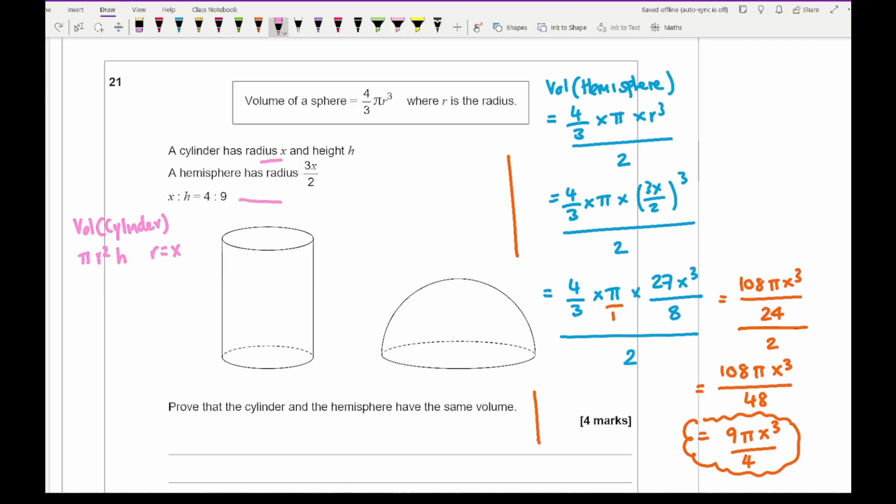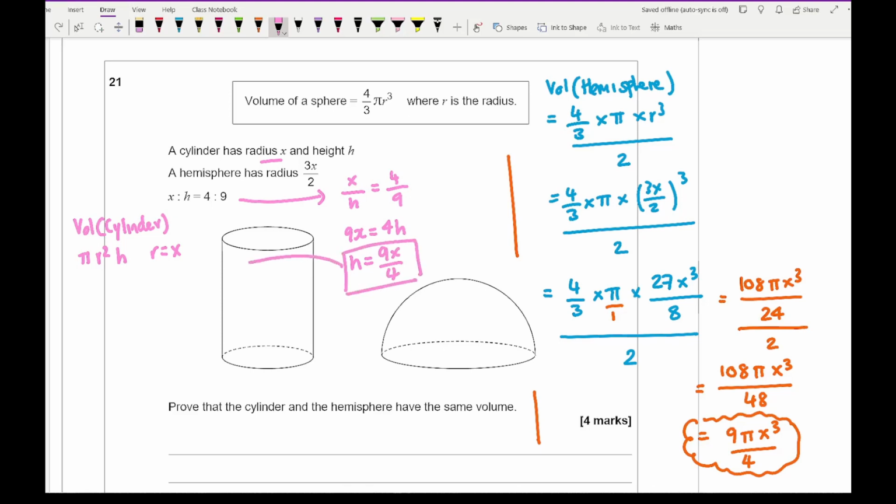Using the ratio, x over h equals 4 over 9. Then doing a bit of cross multiplying, I get 9x equals 4h. So h equals 9x over 4.